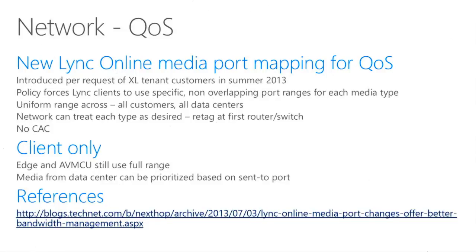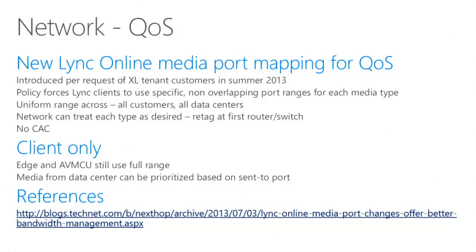We've done that across the entire service for all data centers, so it doesn't matter where you're hosted. Every Lync Online customer has the same. It's a service level thing. And it enables you to know that, well, that media is coming from this client on that port range, so it must be audio. My network's going to tag it this way, treat it that way.